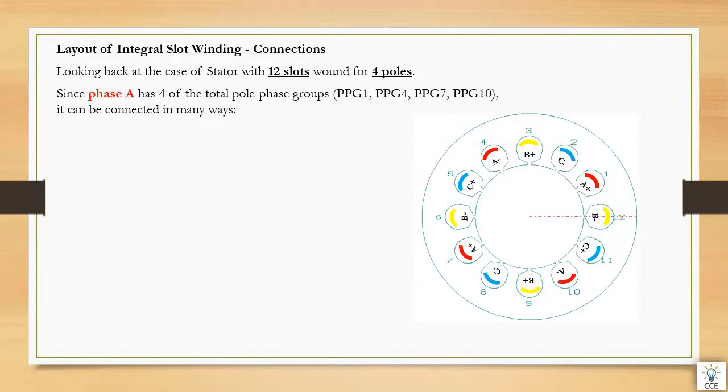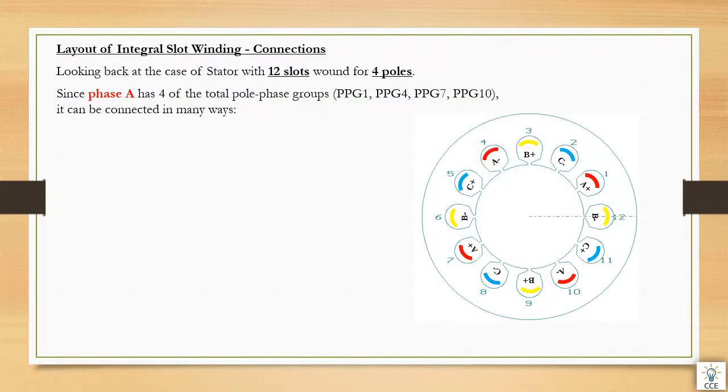In that case, we had 12 pole phase groups, right? 4 poles into 3 phases, so 12 pole phase groups we had. Out of those 12, 4 were contributed by phase A.